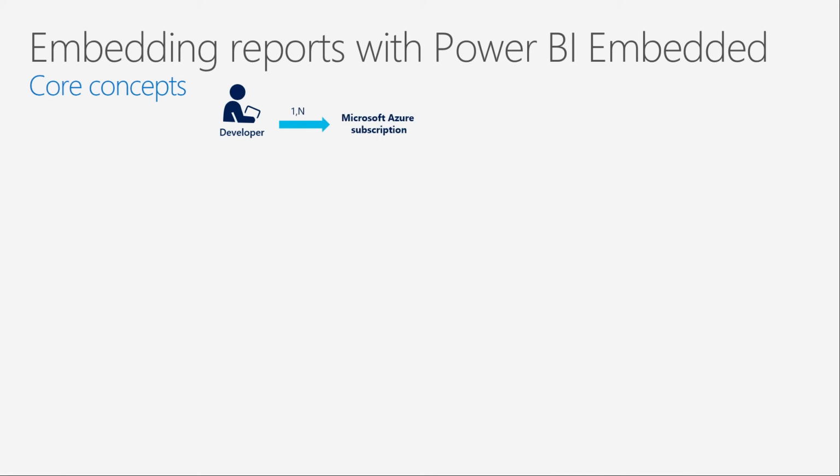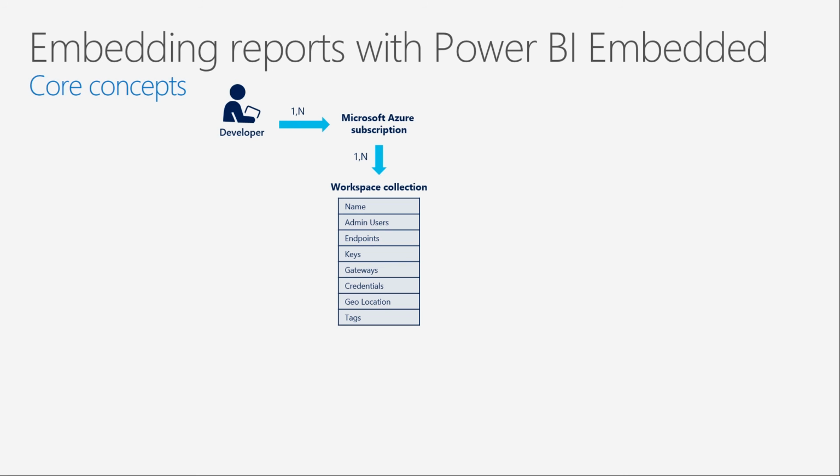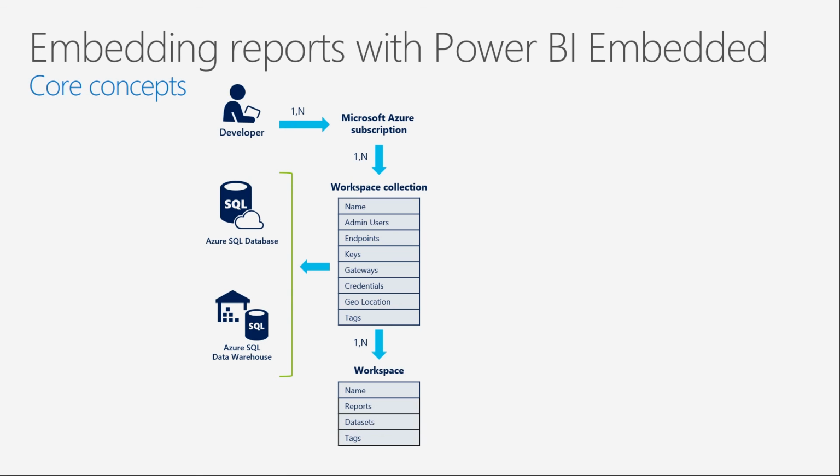So the way that it works is this. The developer or an Azure Ops team in your organization will have a subscription, and they will provision a Power BI embedded resource. It is in fact technically what we call a workspace collection. As a collection, it allows you to connect to sources, but ultimately define workspaces whereupon you can import Power BI desktop files.